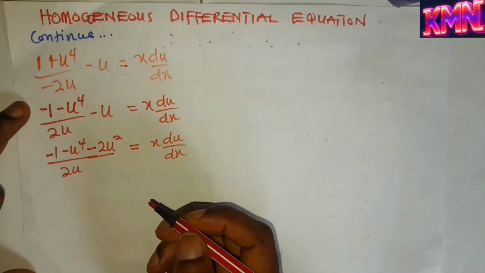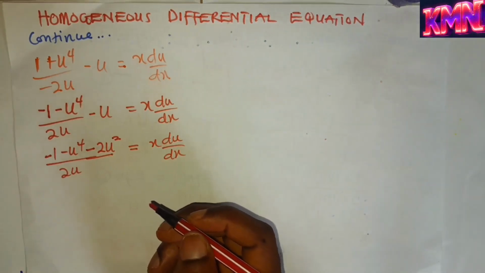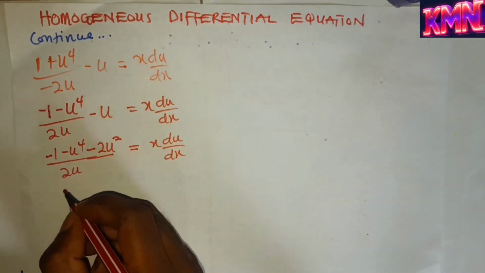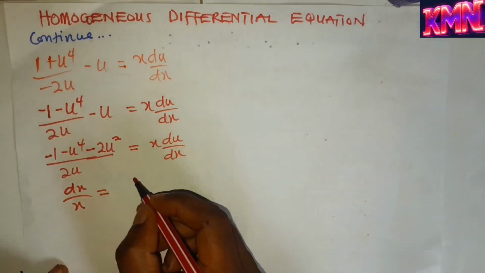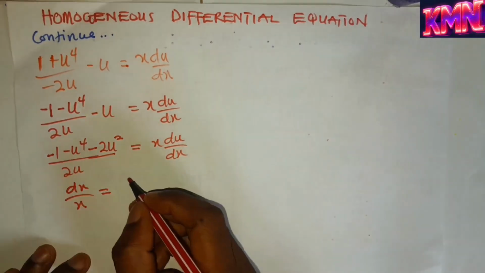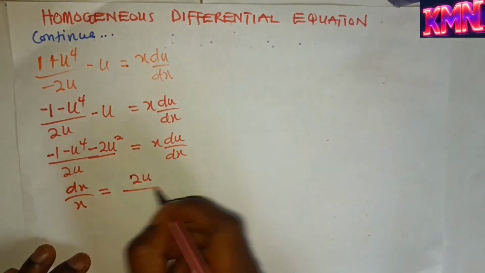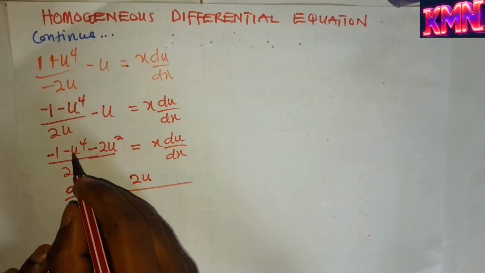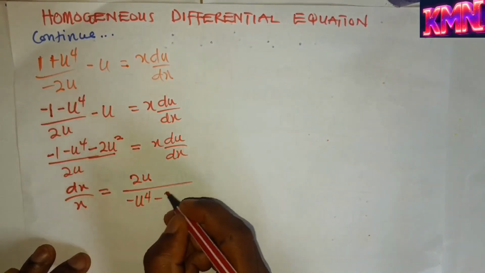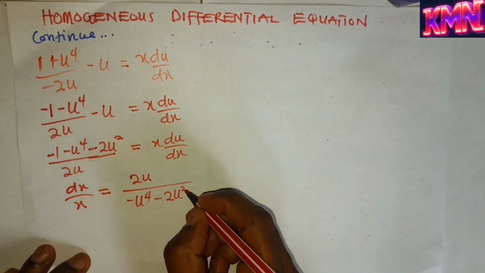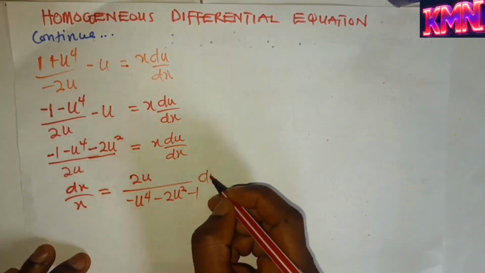At this stage we can separate the variables. So separating the variables, we're going to get dx on x equals 2u on, let's rearrange it from the highest power, negative u^4 minus 2u^2 minus 1 du.